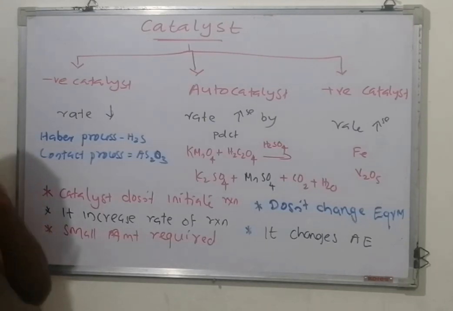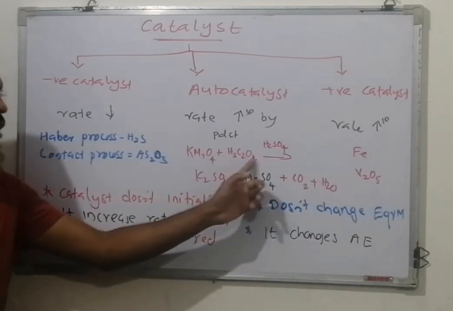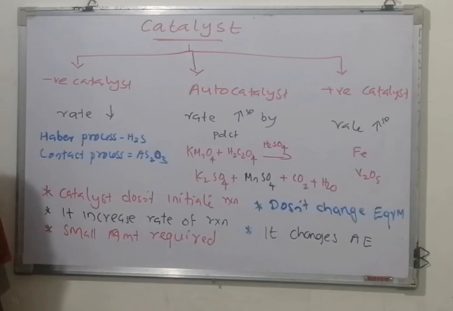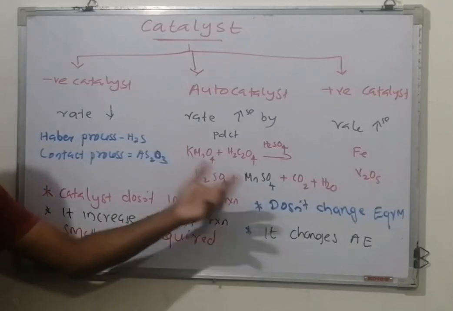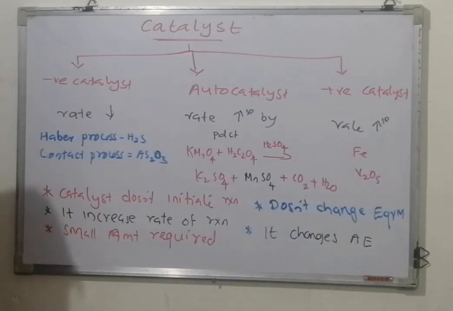But when the reaction proceeds, towards the end point, you will notice that even a single drop of oxalic acid will give a great color change. This is because MnSO4, one of the products, will act as the autocatalyst.